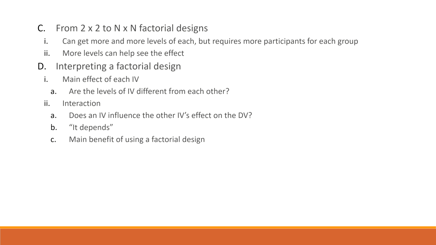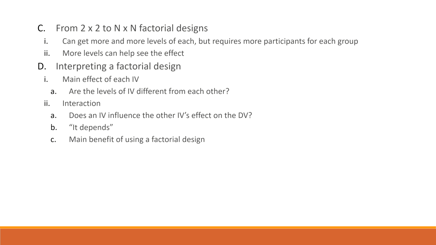The interaction is the combination among independent variables. Does an independent variable influence the other independent variable's effect on the dependent variable? This is where you get the "it depends" answer that is so common in human research. If you ask the question, does uniform color affect athlete behavior?